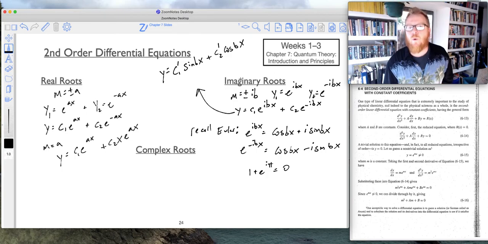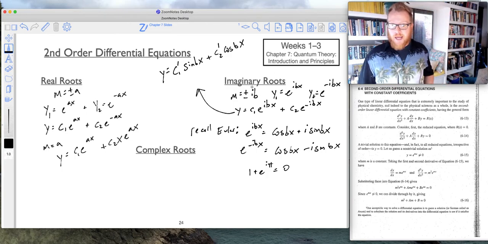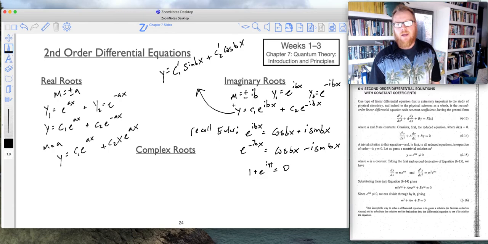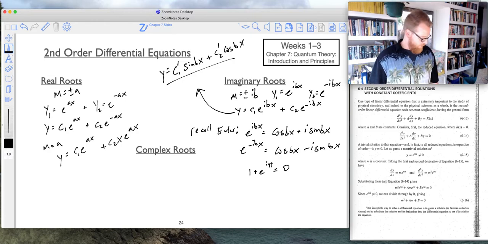So basically, when we have imaginary roots, when we come up with m equals plus or minus ib, we can just go directly to this solution: sine bx plus cosine bx with respective normalization constants in front of them.